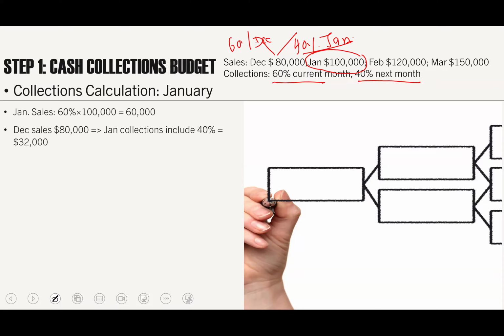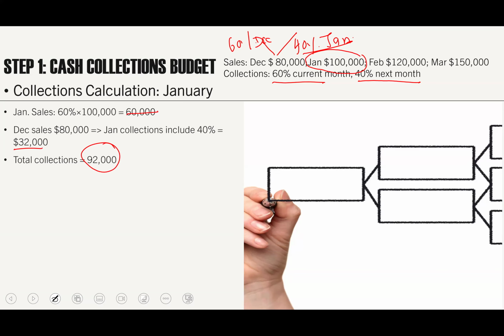So, this is the second one that we have to add. From December sales, January collection should include 40% of this 80,000, which means 60% of January and 40% of December. We will follow this pattern for each month. Okay, so total collections 60 plus 32 will give us 92 for January.